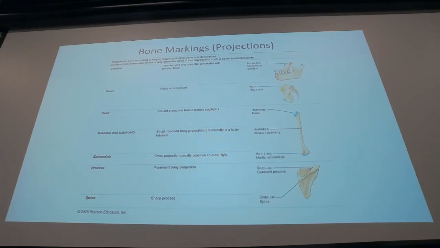Now for projections, so we have condyles. So these, remember, are like bumps, okay? These condyles are extensions that have a rounded end, and these articulate with another bone.